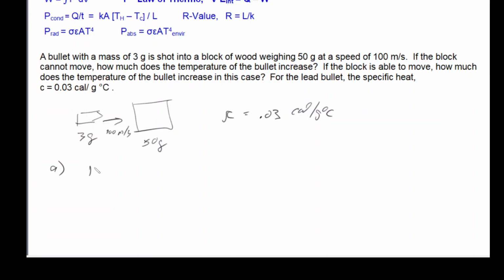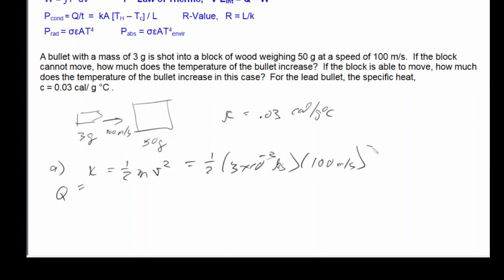So we know the kinetic energy of the bullet is equal to 1/2 mv squared, where v is the velocity of the bullet, and that's equal to the heat transfer from the bullet. And that would be equal to 1/2 times the mass, which is 3 times 10 to the minus 3 kilograms, times v squared, which is 100 meters per second squared.